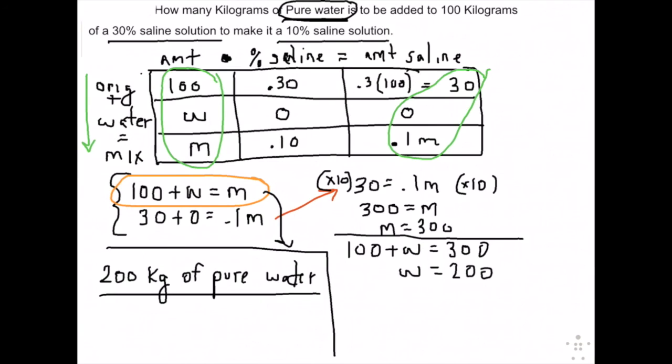The formula across the top is always going to be the same. It's going to be the amount of something times the percent of whatever it is, whether it's saline, dye, acid, whatever, equals the amount of whatever that is, saline, dye, or acid. Okay, and then down this side over here, we're always going to list on the top row the original, and then what we're adding to it, and then the mixture. That's always going to be the case.